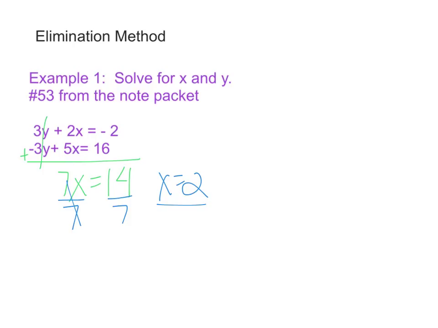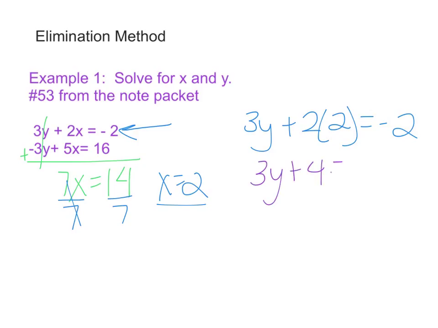I always try to look for the one that is the least amount of work when you go to plug it back in. So for me, that's probably the first equation. So I'm going to take my 3y plus my 2x, but instead of x, I'm now going to substitute in my 2 and then include my equals -2. So we can solve for y. 3y plus 4 equals -2.